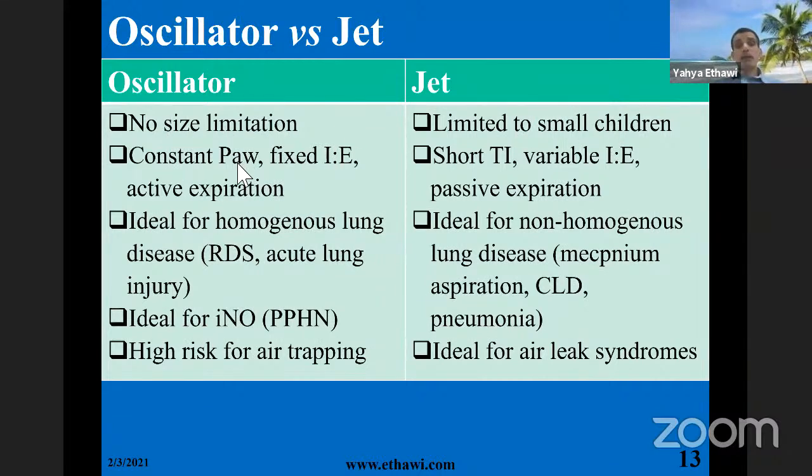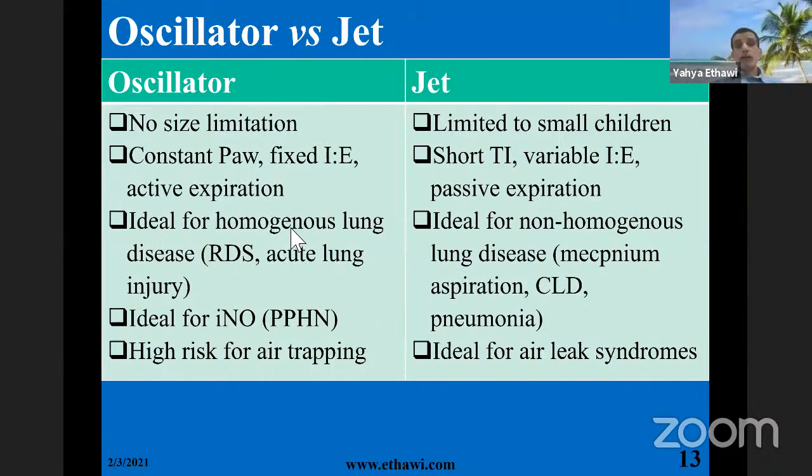In the oscillator, the mean airway pressure is constant, and inhalation and exhalation are both active, while in the jet, the inspiratory time is very short and we have a variable I:E ratio because exhalation is passive. The ventilator only pushes in and the recoil of the chest makes it go out.